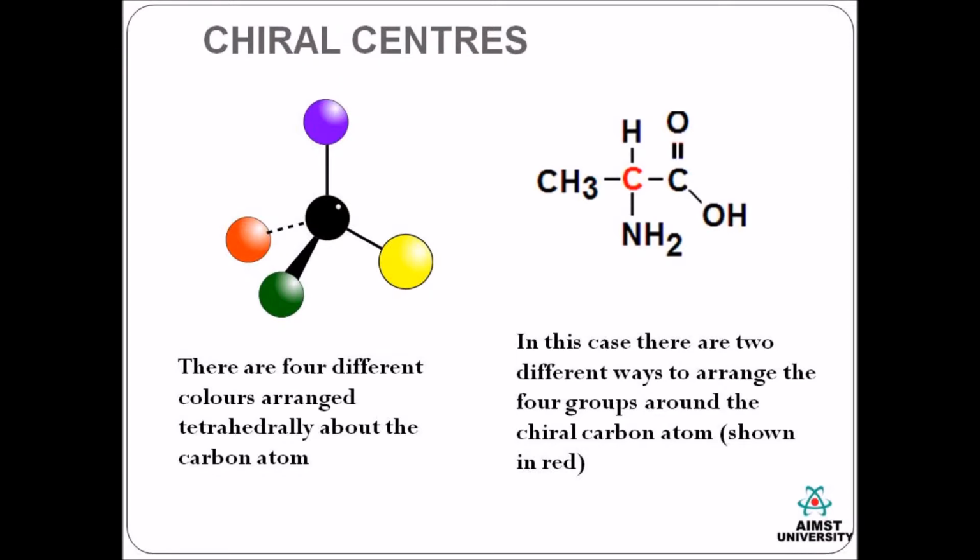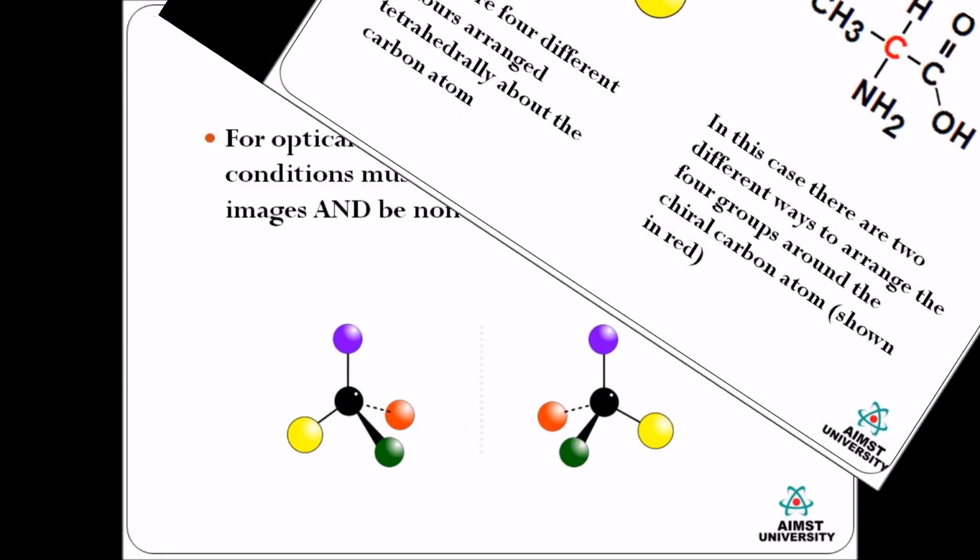On the right hand side you can see a structure which has a red colored carbon showing that that carbon is chiral. It is attached with four different groups like amine, methyl, hydrogen and carboxylic acid groups. So you can say that carbon is a chiral carbon.